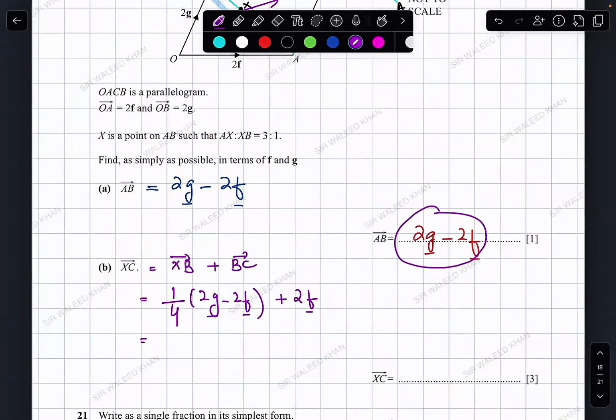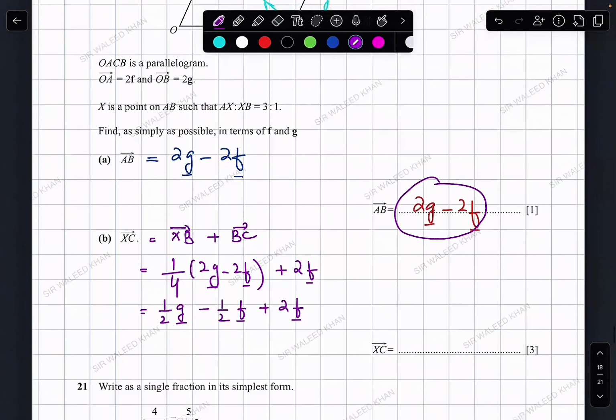So this will be 1 by 2 G, this will be minus 1 by 2 F, plus, so we have 2F. The denominator should be the same.